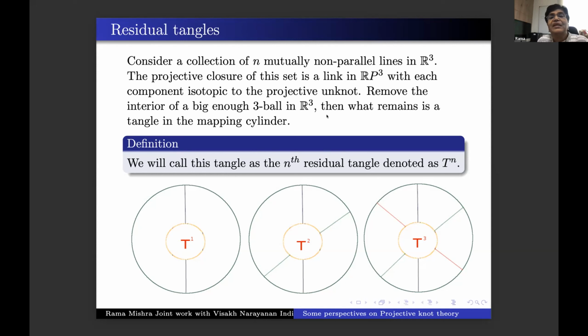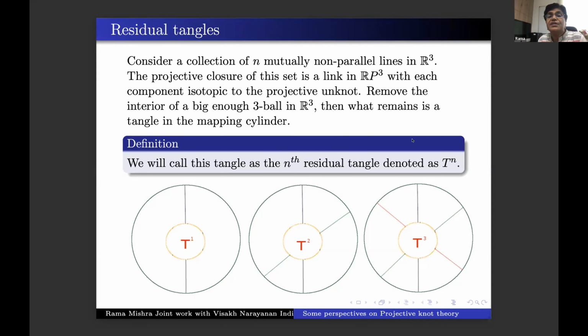Suppose you have a collection of n mutually non-parallel lines in R3. Now the projective closure of this set is a link in RP3, because when you take the projective closure, the endpoints are on the boundary and they act like they are identified.